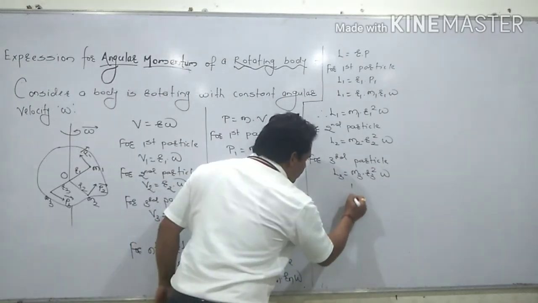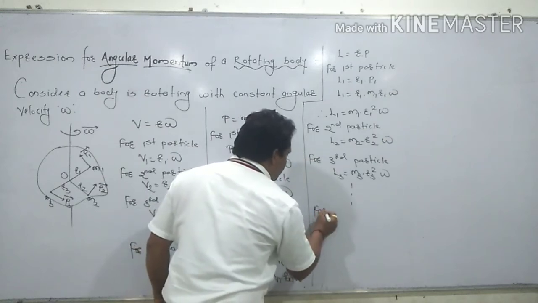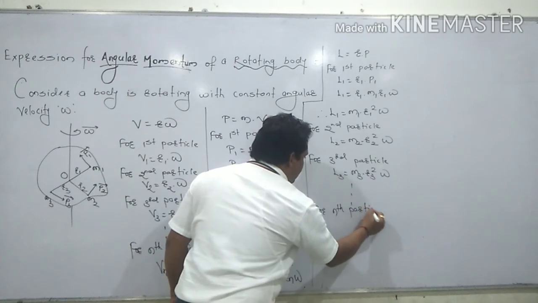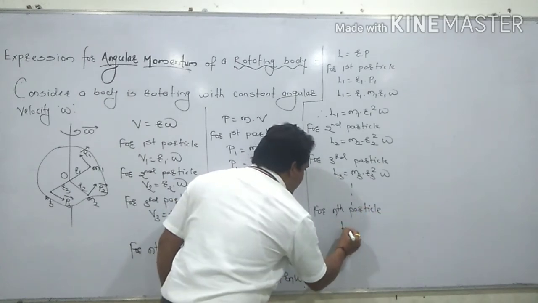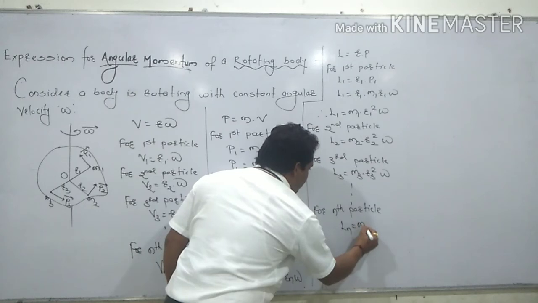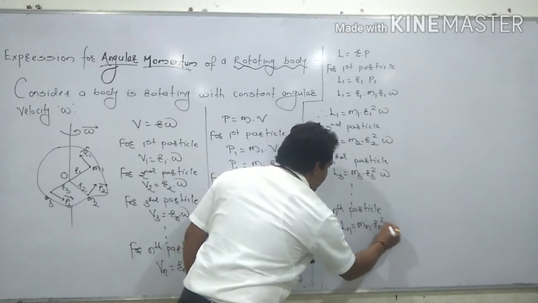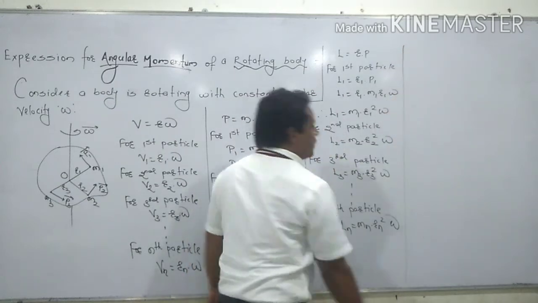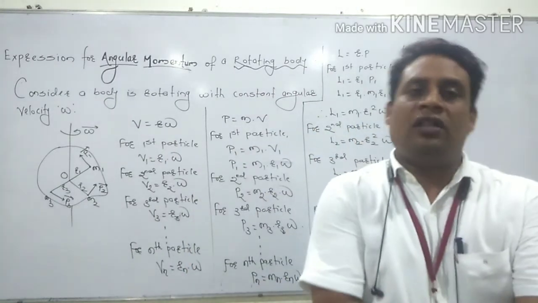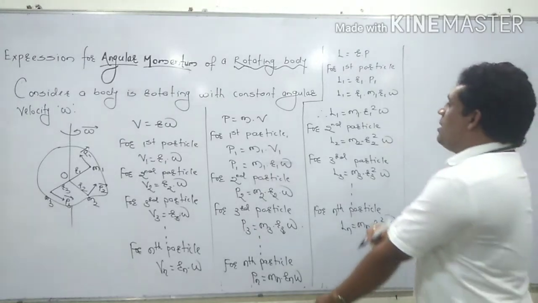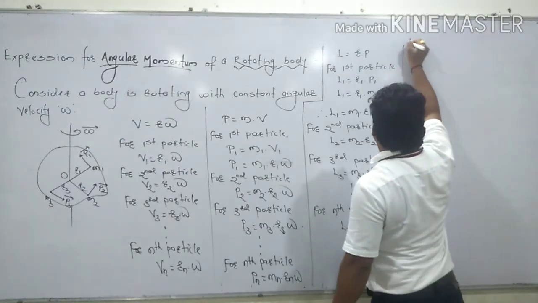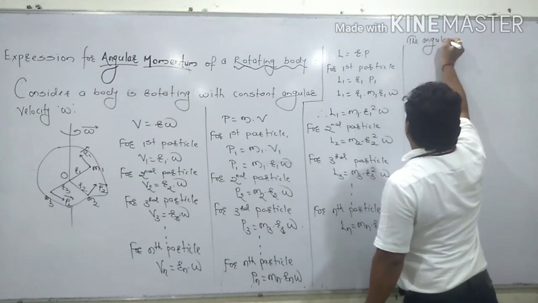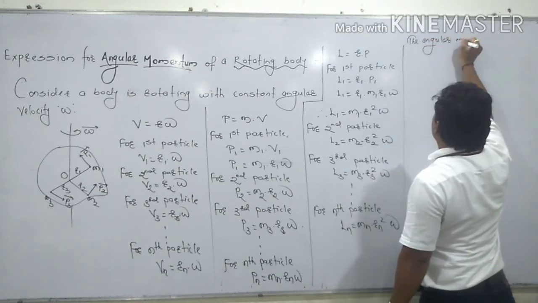In a similar way, we can write for the nth particle, Ln is equal to mn Rn square omega. Now, these are the angular momenta of all the n particles. But here you have to find the angular momentum of a rotating body.